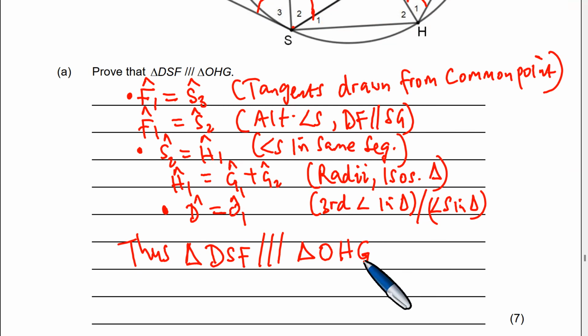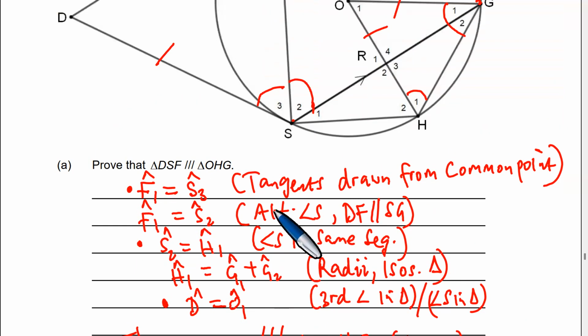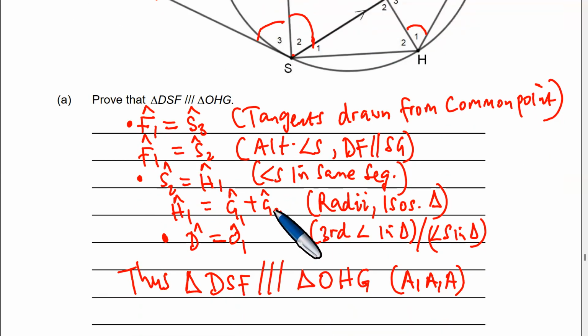And therefore, the reason for this is angle, angle, angle. Okay, the equiangular. Right. So we're done with proving that DSF is similar to OHG. There are many ways to prove and many ways to write the proof. But the way we used is just one method.